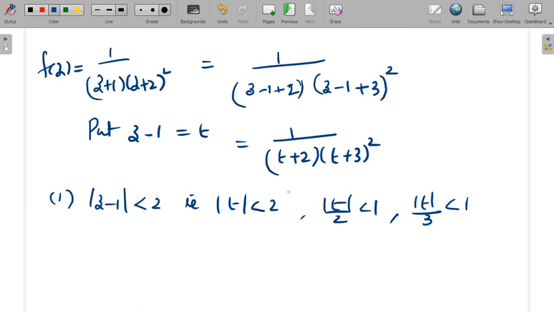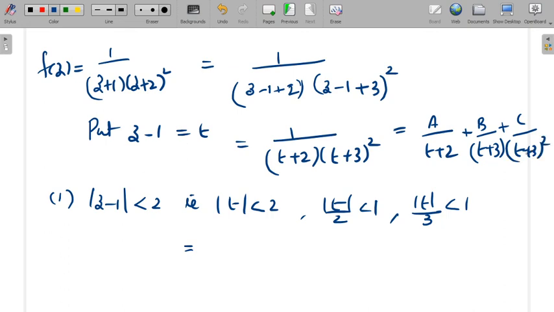അപ്പോൾ ഇവിടെ 2നെയാണ് പുറത്തെടുക്കുന്നത് ആൻഡ് രണ്ടാമത്തേൽ 1നെയാണ് പുറത്തെടുക്കുന്നത്. അപ്പോൾ ഈ എക്സ്പാൻഷൻ എഴുതുന്നതിന് മുമ്പ് നമുക്ക് ഇതിനെ പാർഷ്യൽ ഫ്രാക്ഷൻ ആക്കാം. സോ വി ക്യാൻ റൈറ്റ് ദിസ് ഇസ് a by t plus 2 plus b by t plus 3 plus c by t plus 3 the square. Okay.